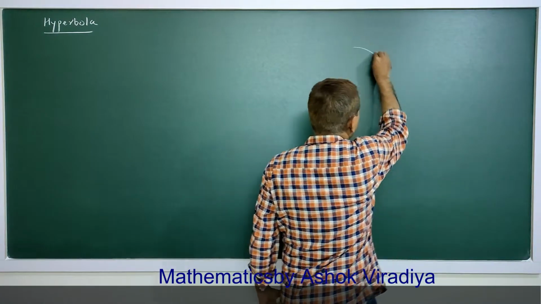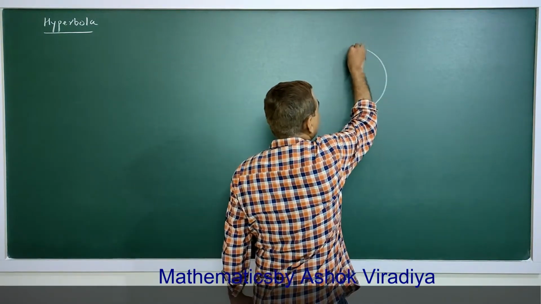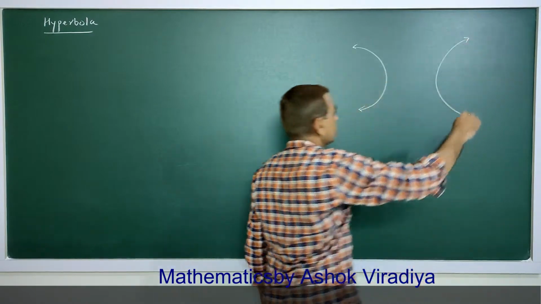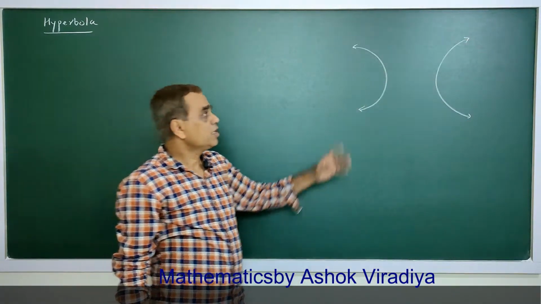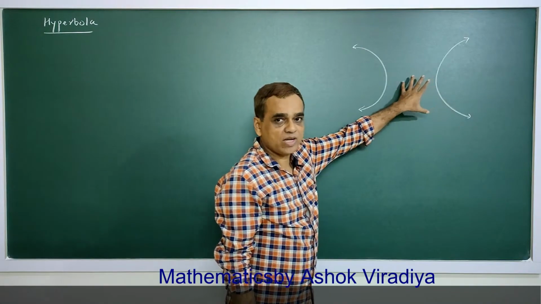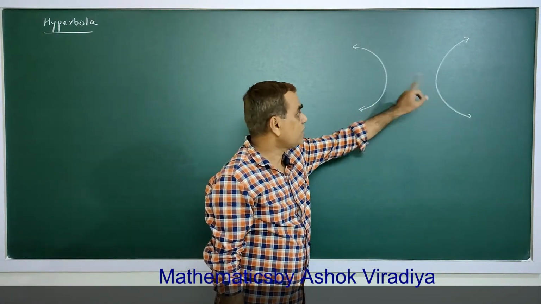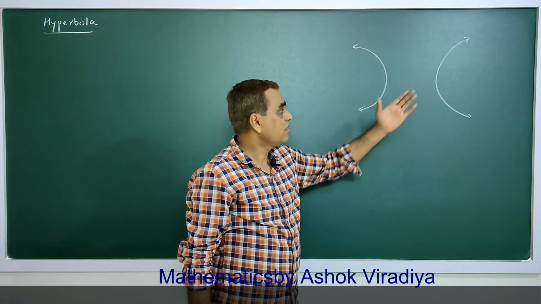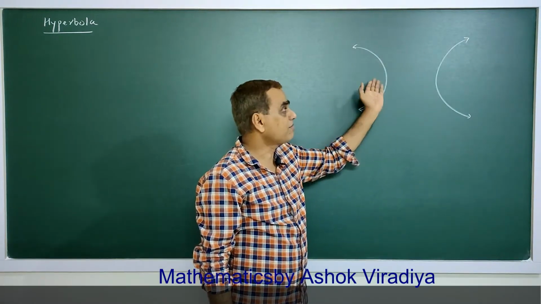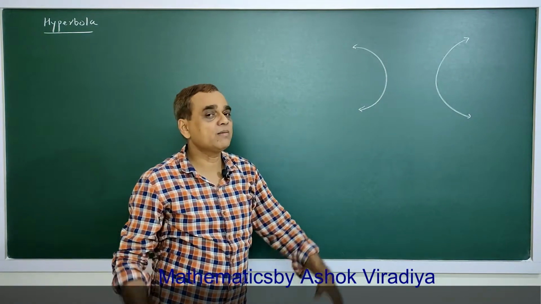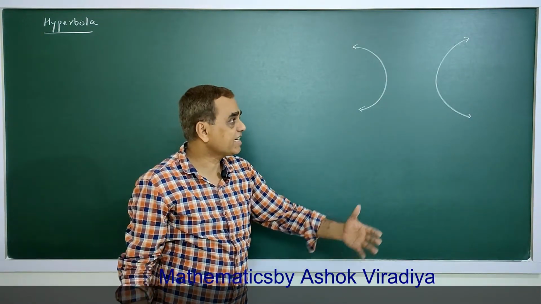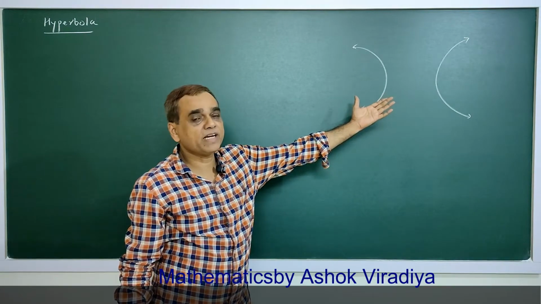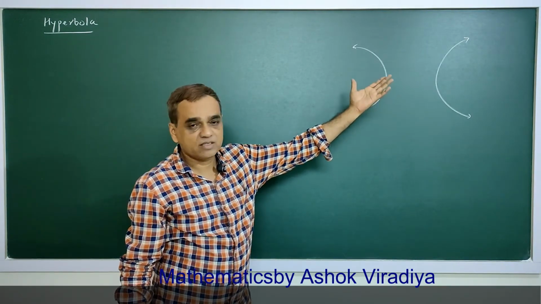Then we get a union of two curves, that is a hyperbola. Each one is obtained by intersection of a nap, from the upper nap and from the lower nap. So when a double napped right circular cone is intersected by a plane, a union of two curves is obtained, that is, the hyperbola.